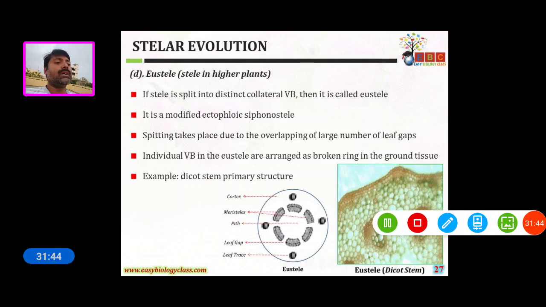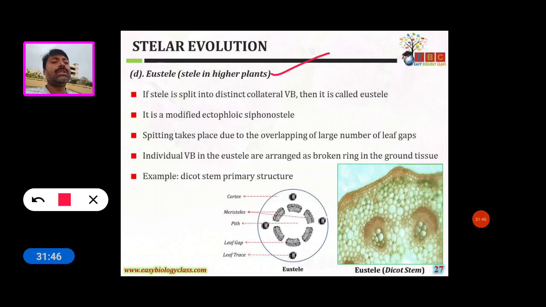So next one is the eustele. Eustele is present in higher plants. This is the character of higher plants. If the stele is split into distinct collateral vascular bundles, that is called eustele.